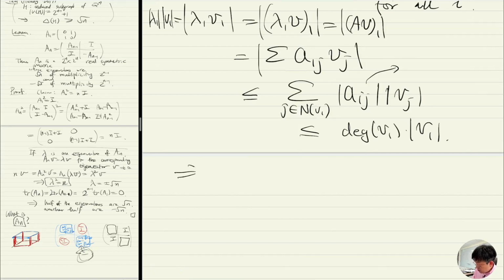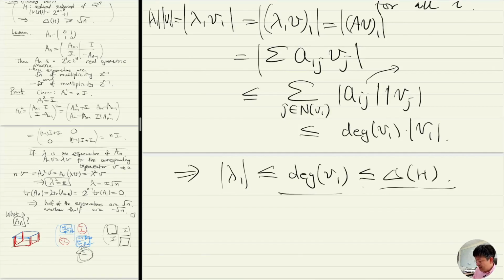So we conclude that the absolute value of lambda 1 is less than or equal to the degree of V1. And that's exactly what we want. And why? Because the maximum degree is greater than or equal to the degree of V1. Okay.